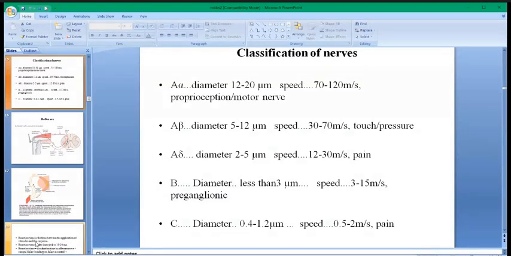Perineurium, epineurium, endoneurium, all are there in the nerve, as you have already read in anatomy.